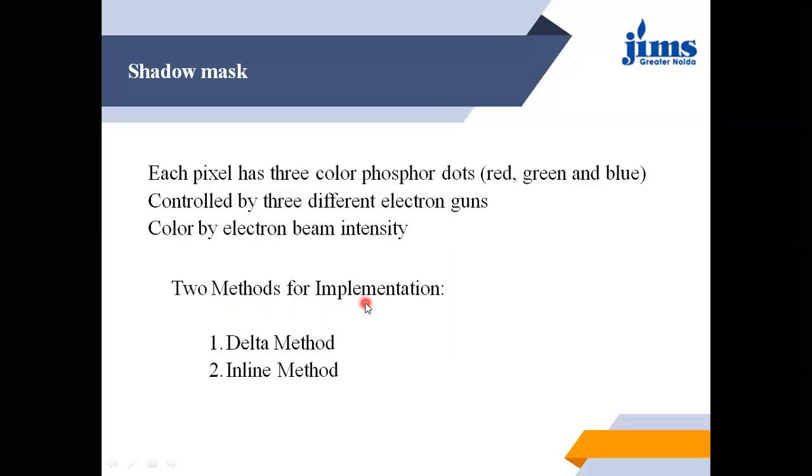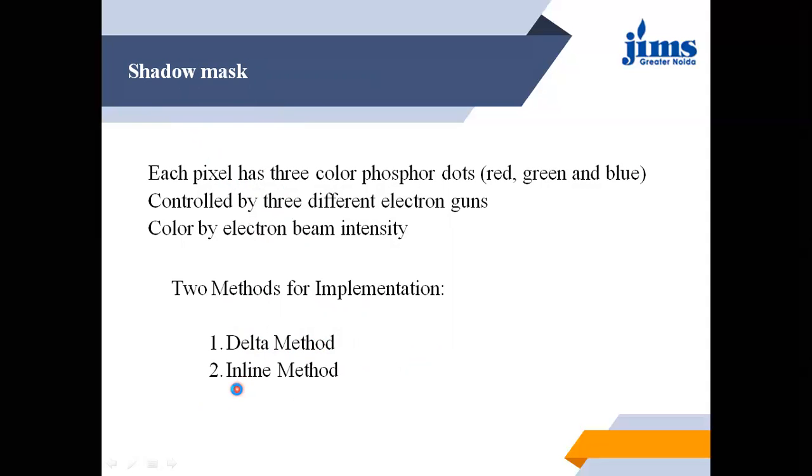There are two different types of implementations by which we can perform the shadow mask operation: the delta method and the inline method. We can implement the shadow mask method by using these two techniques.